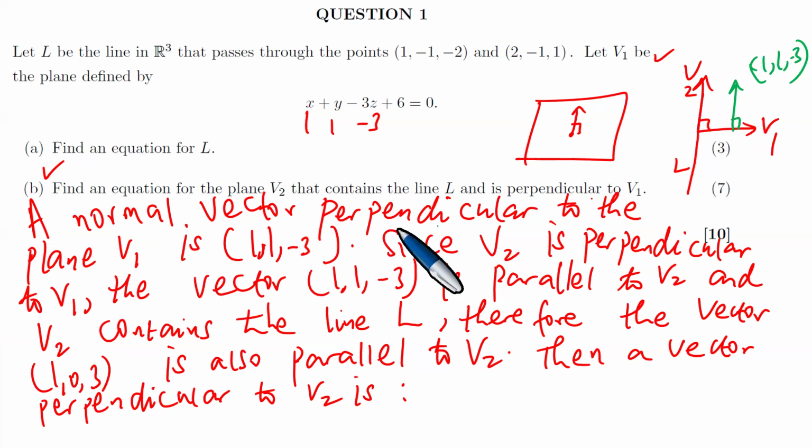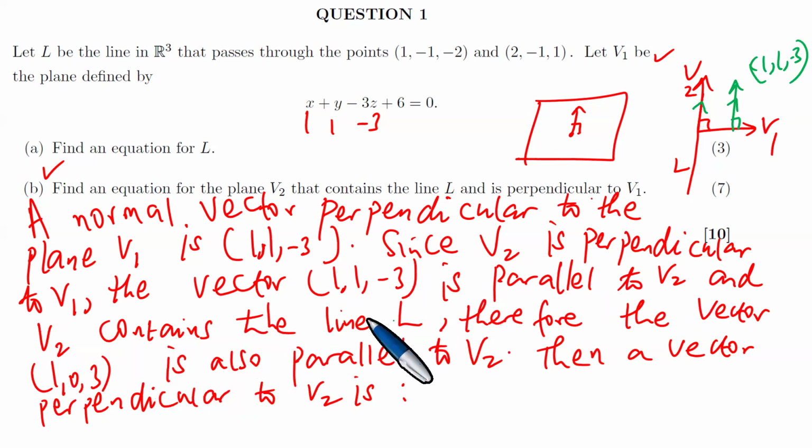So we are then saying a normal vector perpendicular to the plane V1 is (1, 1, -3). Since V2 is perpendicular to V1, the vector (1, 1, -3) is parallel to V2. Okay, we can see this vector is parallel to V2.